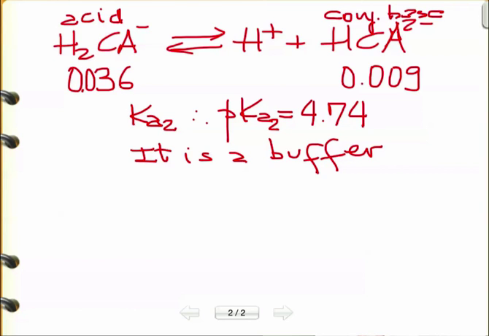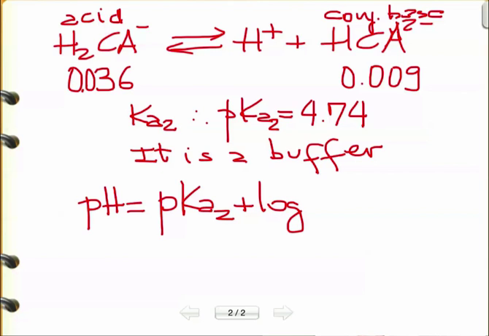Now is the easiest part of everything. We have pH equals pKa, but in this case it's going to be pKa2 because we're talking about the second step, plus log of the concentration of the conjugate base, in this case HCa2 minus, divided by the concentration of H2Ca minus, the acid.